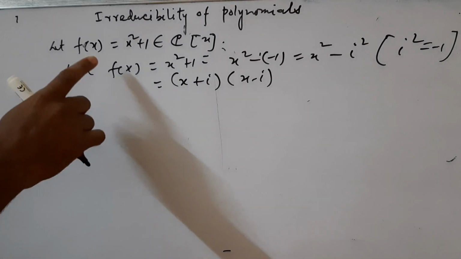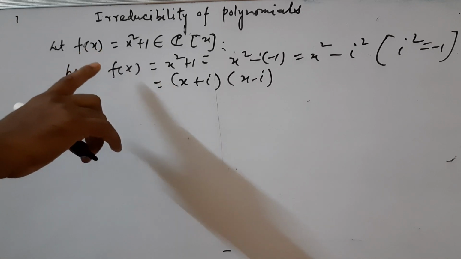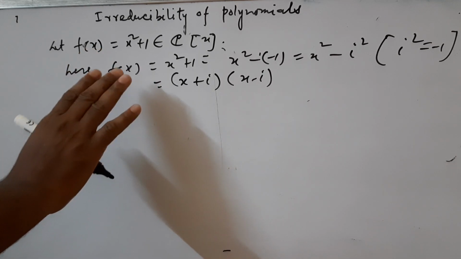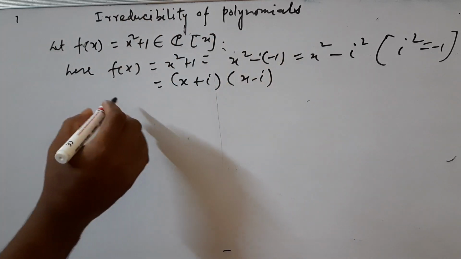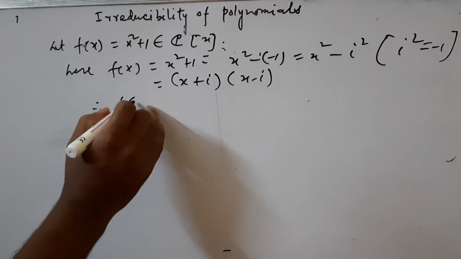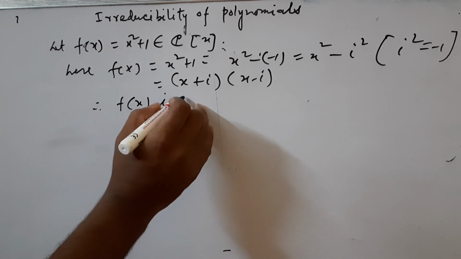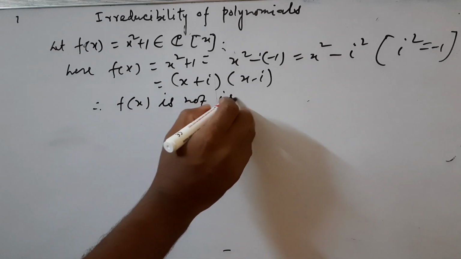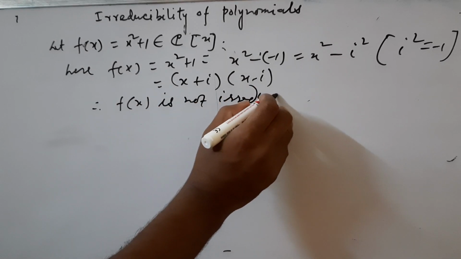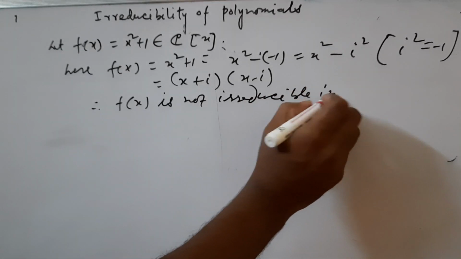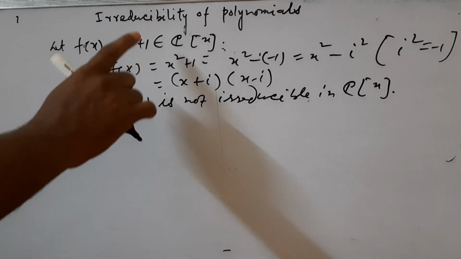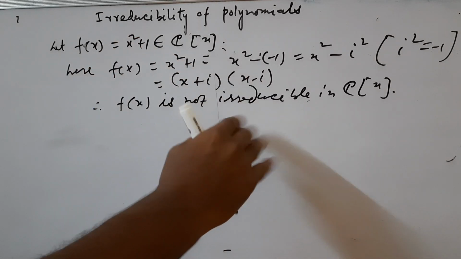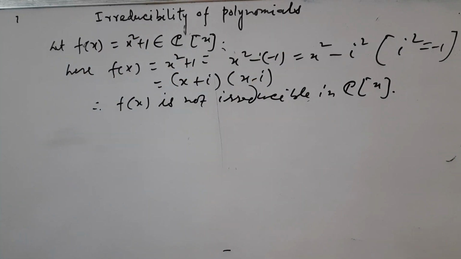So the conclusion is that f(x) is not irreducible in C[x], or you can say that this polynomial is reducible in C[x], or factorized in C[x].